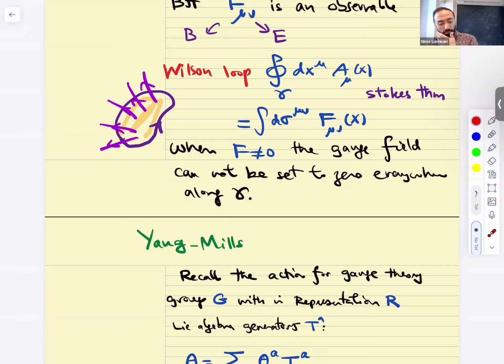Good? Still allows no signal. Oh yeah, absolutely. Perfectly safe. Otherwise things would have been very different. What would be signaling? Commutator of physical observables, right?